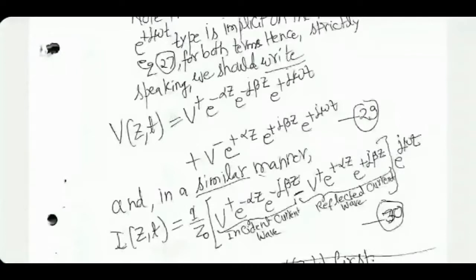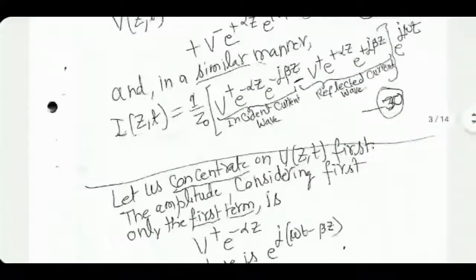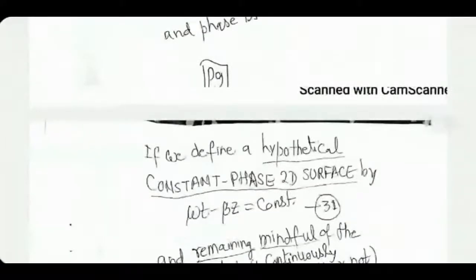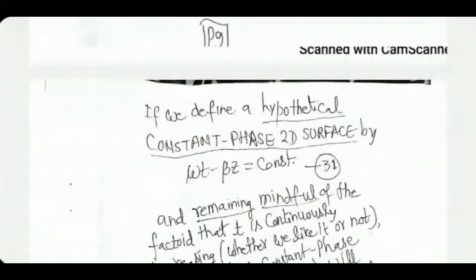So, if we imagine a 2D surface in the zt plane having a constant phase angle, which is omega t minus beta z, that constant phase surface is defined by omega t minus beta z equal to some constant.